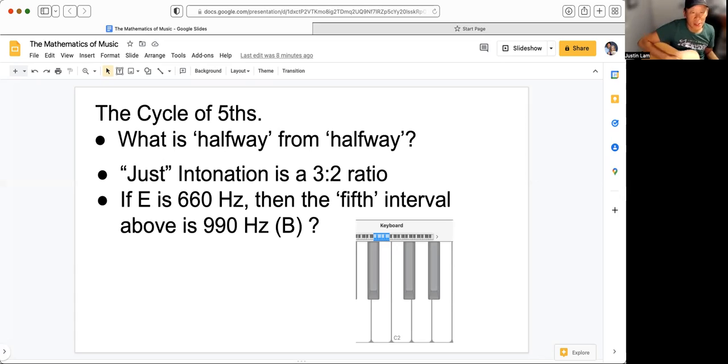There is an idea within music called the cycle of fifths, and it begs the question, if I keep on using this 3:2 ratio, what is halfway to halfway? If this indeed is E at 660 hertz, then could I perhaps go to B or some other higher note, and calculate that to be 990 hertz, just going by that 3:2 ratio?